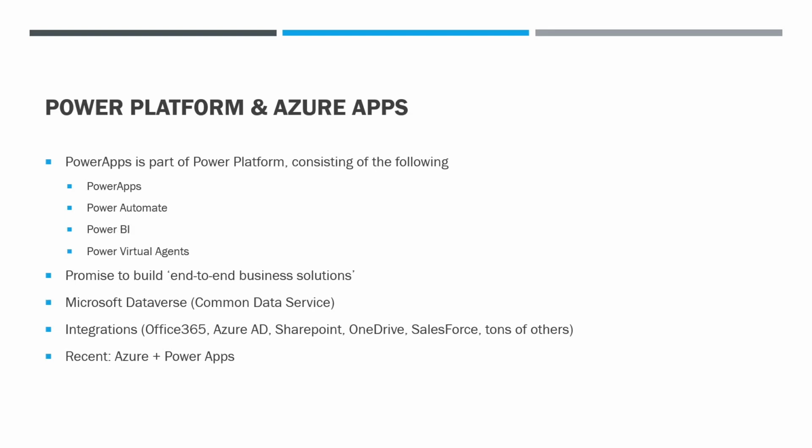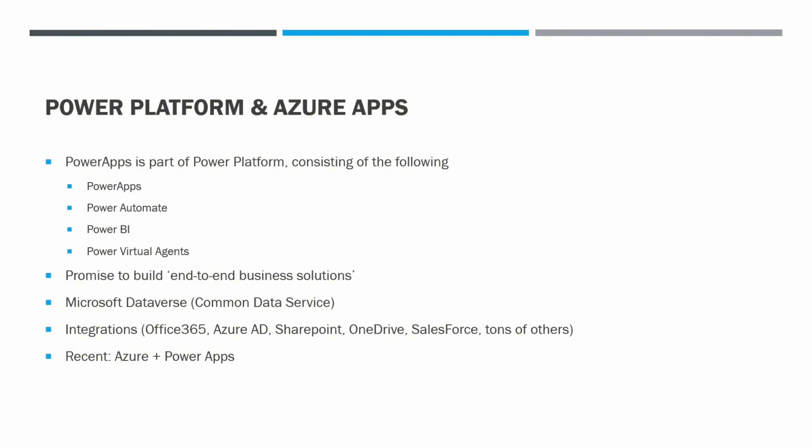Okay. And as I said, there are integrations available. Since Power Apps is available with Office 365 subscription, meaning that your organization has people using an Office 365 subscription, they have an Azure AD available as well to manage those users.